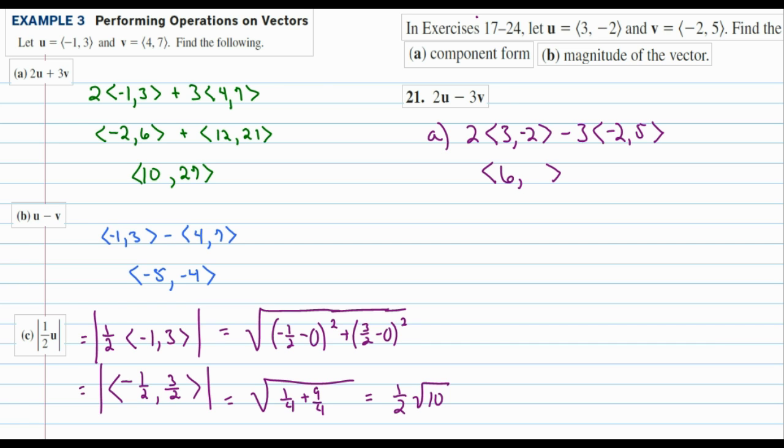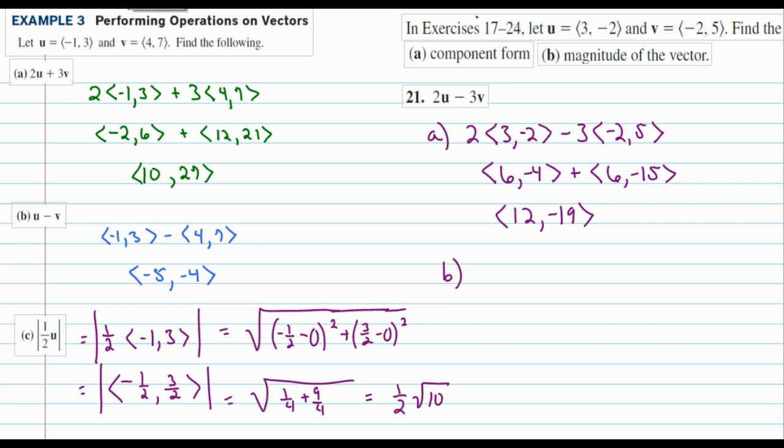That's going to be 6, -4. And then remember, I'm adding really this vector, which is now going to be 6, comma 15, -15. Now adding those two, I add their x coordinates, add their y coordinates. That is the component form of twice u minus 3 times v.